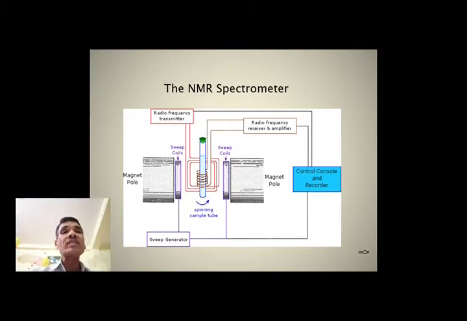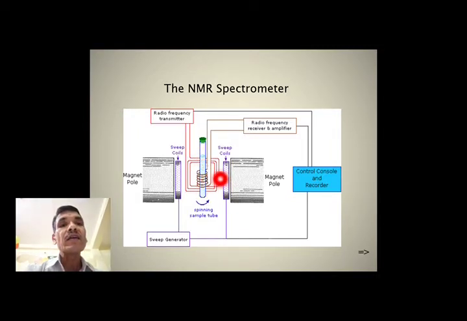Now, while discussing instrumentation in NMR spectrophotometer, here a schematic diagram is shown in which there are two strong bar magnets. These are the magnetic poles, that is bar magnets used to apply the externally applied magnetic field, and these are the sweep coils within which a sample is kept in the sample cell.